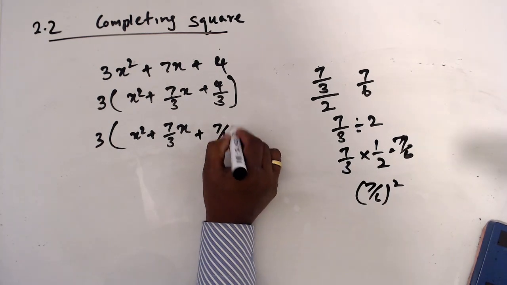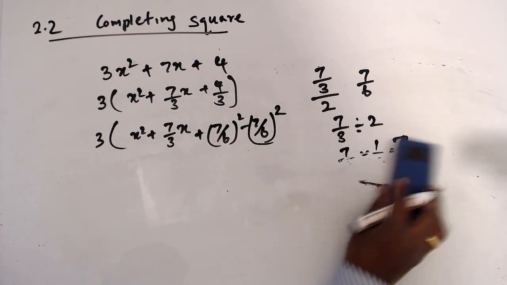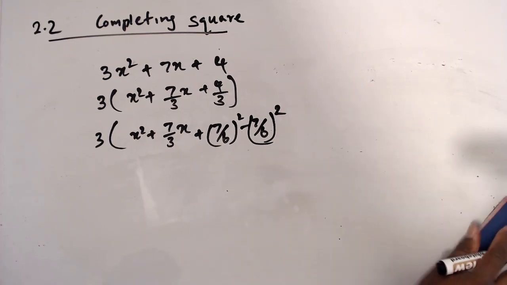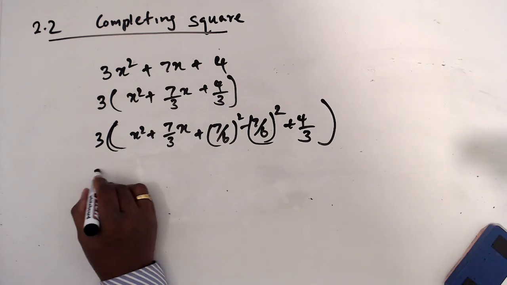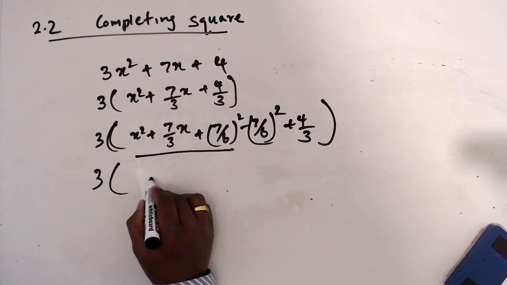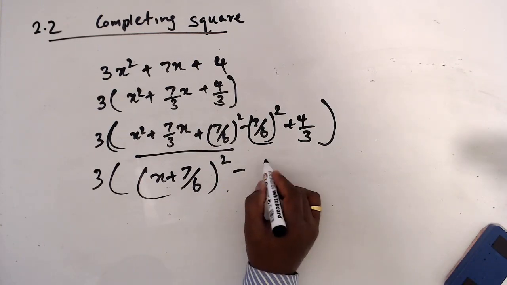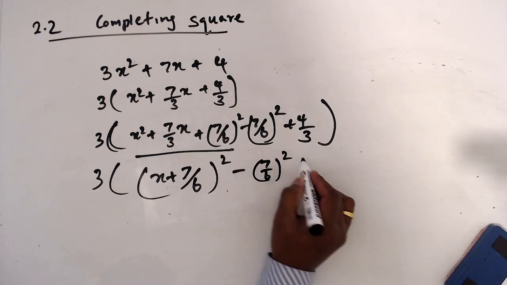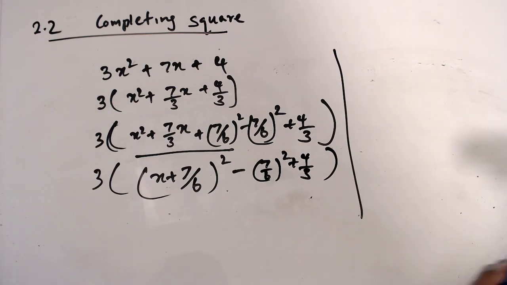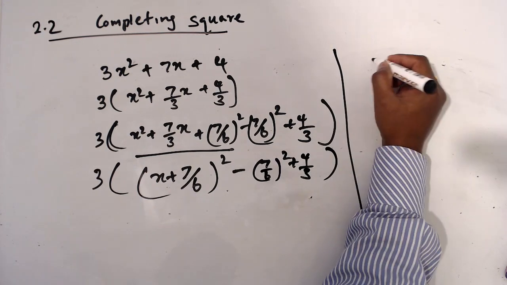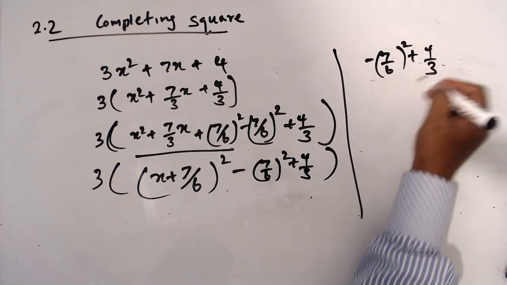You add 7 over 6 square, then you minus 7 over 6 square, and plus 4 over 3 is remaining. Then 3 is here. I write everything: x plus 7 over 6 square, then minus 7 over 6 square remaining plus 4 over 3.